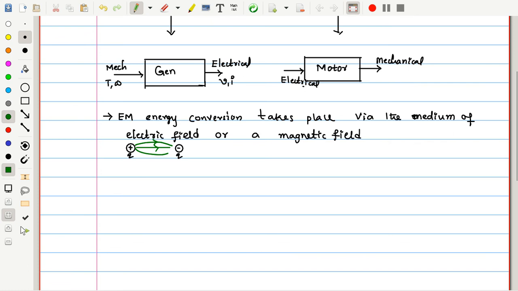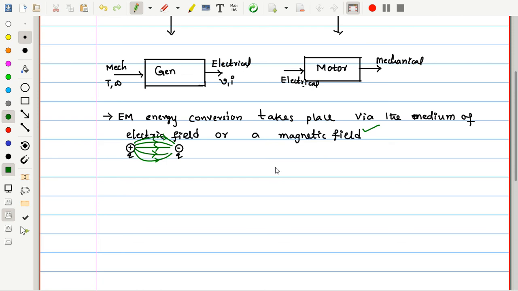The field lines will be established, which we call an electric field. So the energy transformation may take place either through the electric field domain or through a magnetic field domain, but the majority is through the magnetic field domain, and what we discuss here is also considered a magnetic field domain.